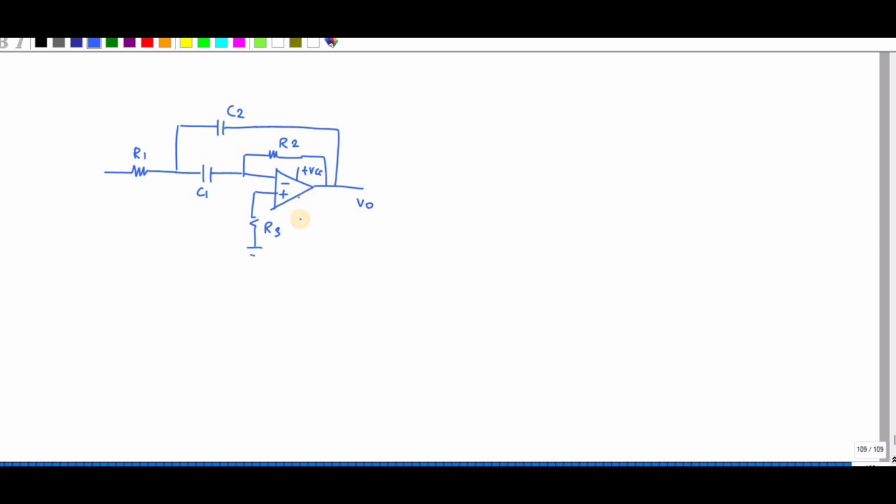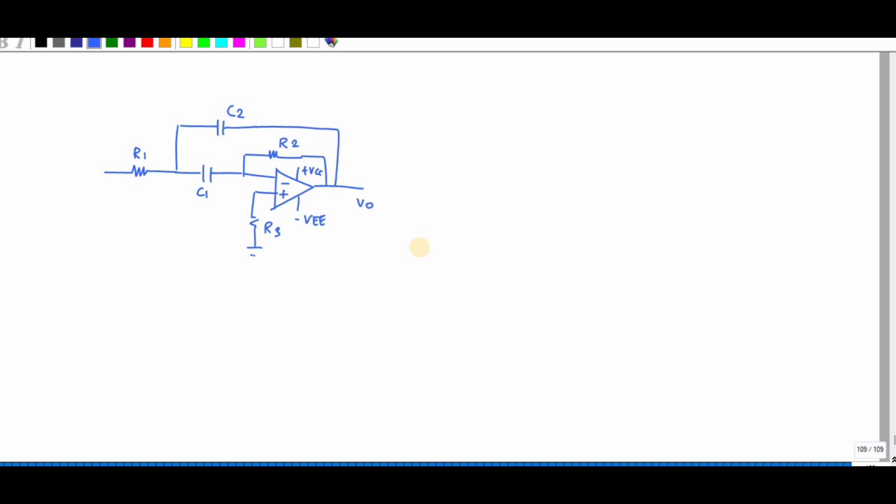So I told you it's a cascading of, so this is R1 and C2, okay, and this is C and R. So you can see it is more or less like an inverting amplifier.